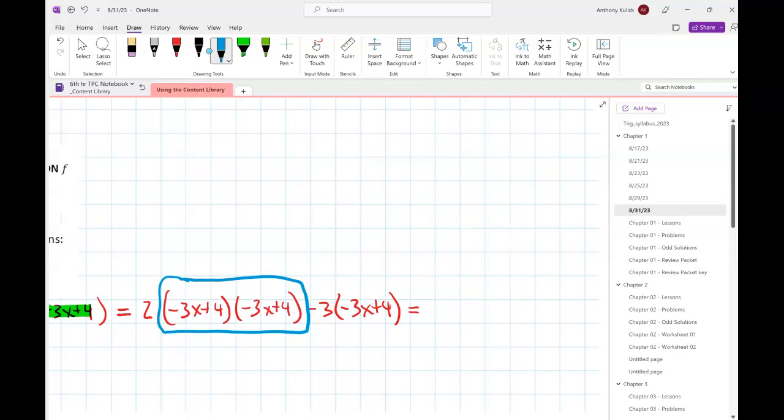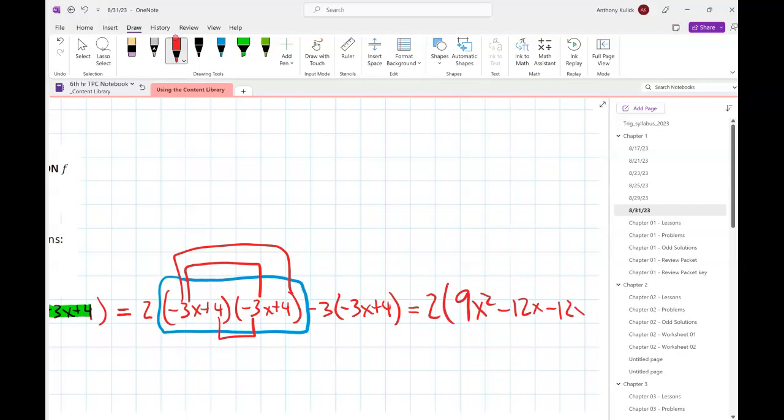So again, when we FOIL, we do first, 9x squared. Oops. Almost forgot. Got to get that 2 in there. And then outer, negative 12x. Inner, negative 12x. And last, 16.